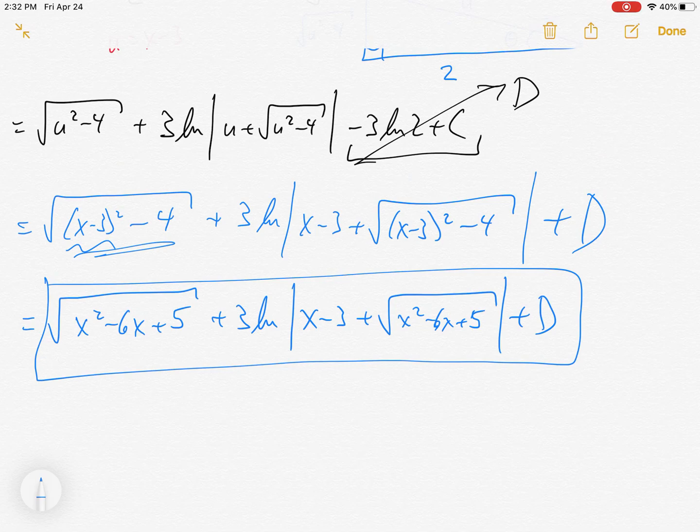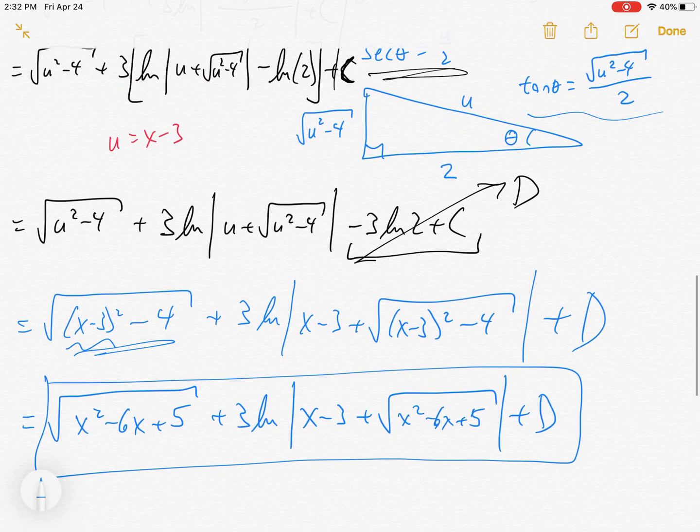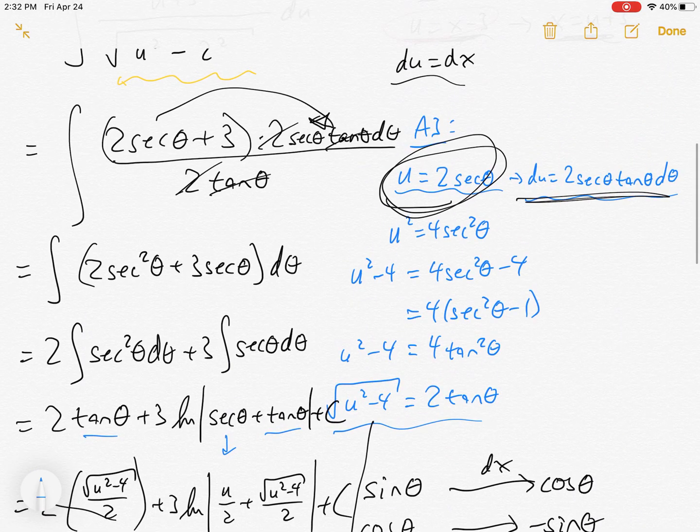So it's x squared minus 6x plus 5 plus d. That's as good as it gets. So how do we know we're done? Well, we went from thetas to u's to x's. X was the original problem, and you're often going to see when you get back to the end, it looks similar. Like we had these square root of x squared minus 6x plus 5's in it. And that's a long haul, but lots of things we worked on.